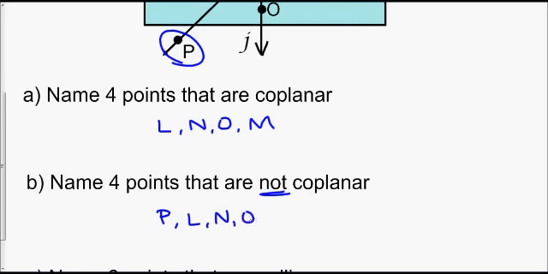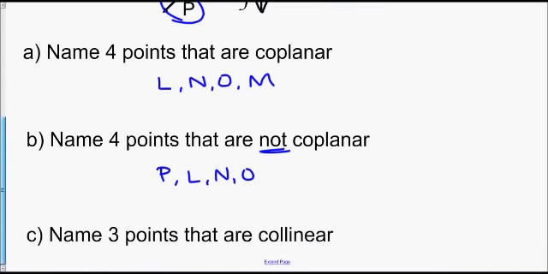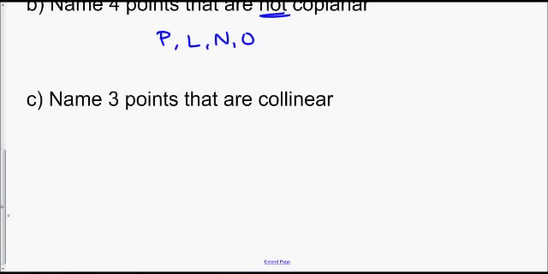You could have more than 1, but you need at least 1 point that is not in the plane that is drawn, so not in this blue box, and that is point P.